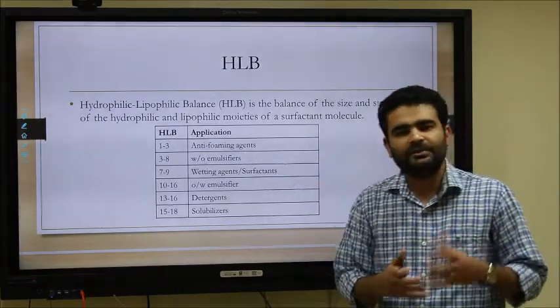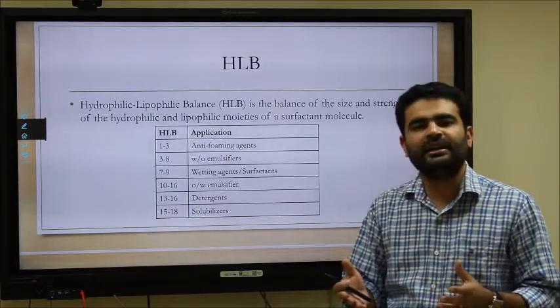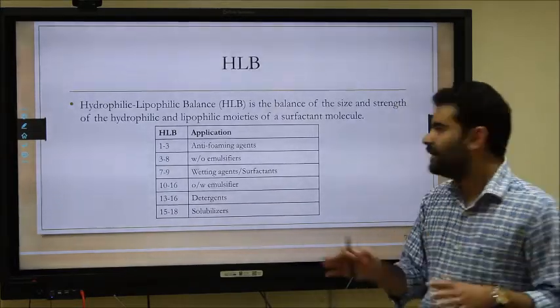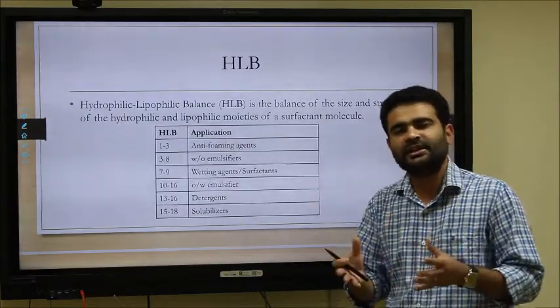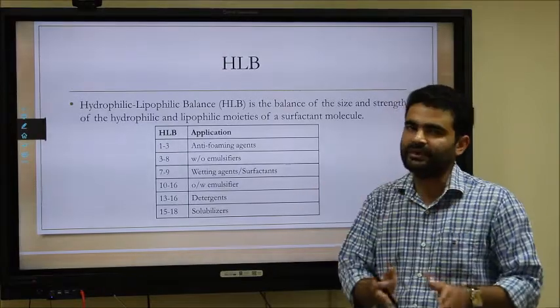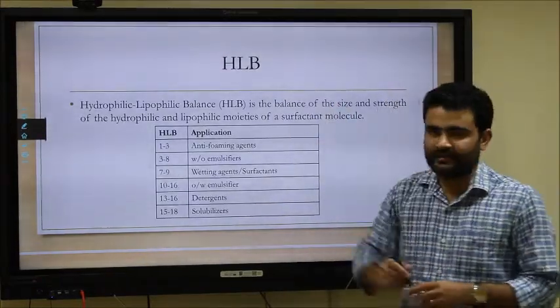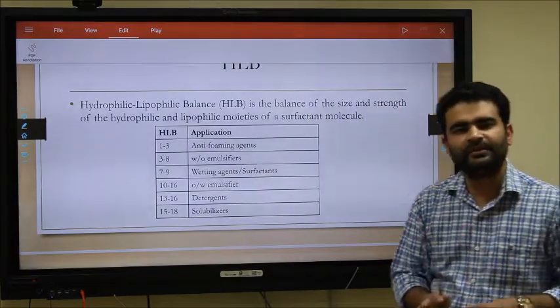So to become a surface active agent, a compound should be both hydrophilic and lipophilic in nature. So in order for any compound to become a surfactant or surface active agent, it should have hydrophilic and lipophilic moieties. So how are they observed? According to the HLB scale. So it is dependent upon the size and strength of hydrophilic and lipophilic moieties.